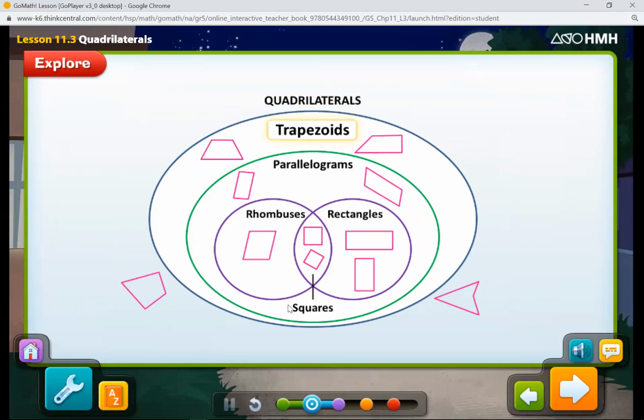And then we have this very selective group, squares. In order to be a square, you have to be a rhombus and a rectangle, which means you're also a parallelogram and a trapezoid and a quadrilateral. And what else? A closed shape and a plane shape and a polygon. Oh my goodness, a square is many, many, many things.